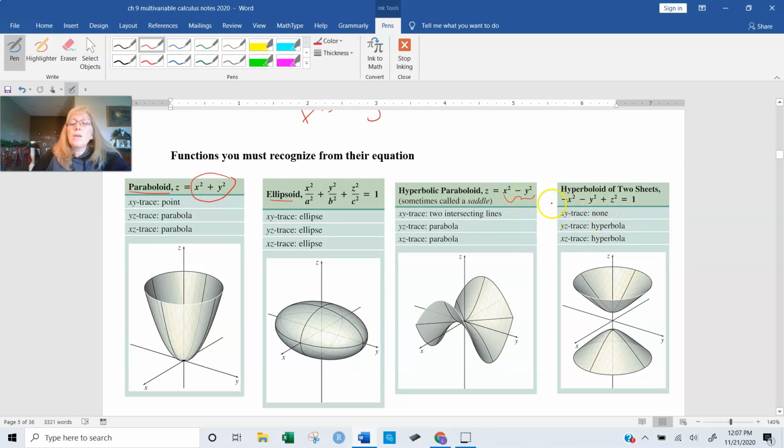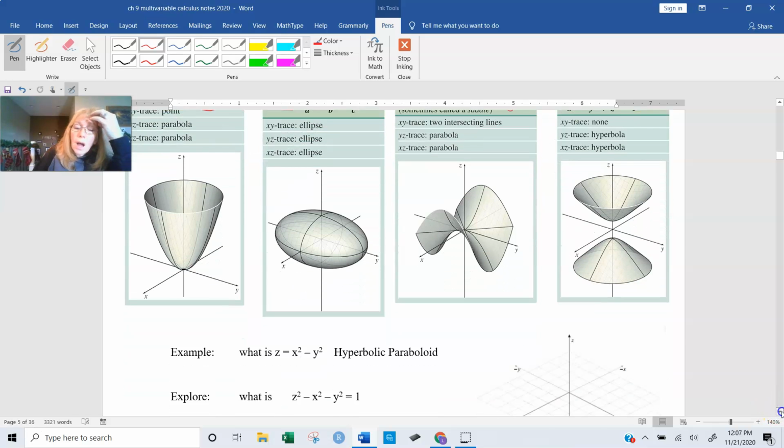And when I have basically z squared is what this is, minus x squared plus y squared, or the x's and the y's, two of them are negative, this is a hyperboloid in two sheets that goes away from each other. It's very cool. You don't have to do anything other than recognize.